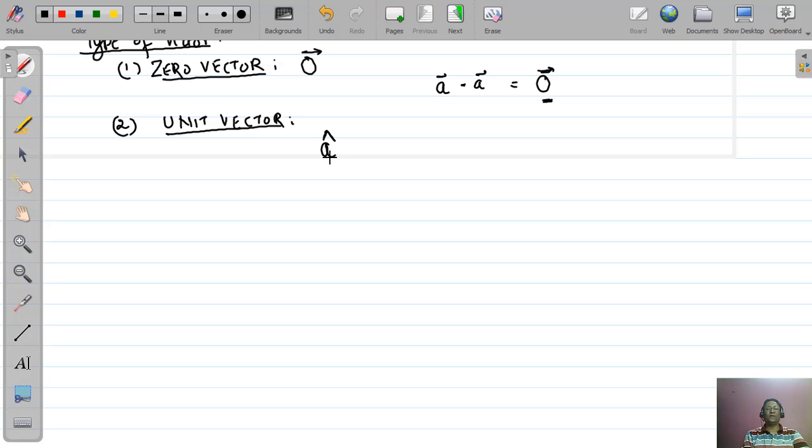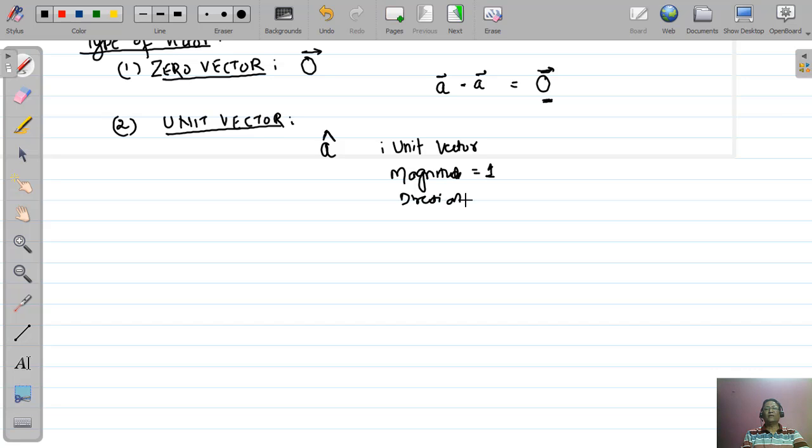If we put a cap over A, this is the representation of the unit vector in the direction of A. Its magnitude is 1 and it has a direction.